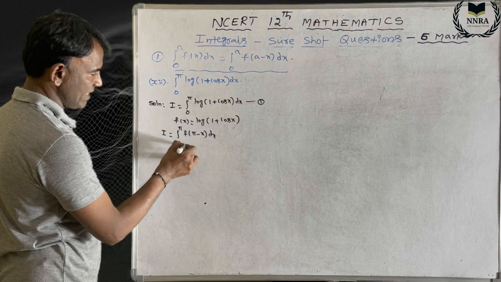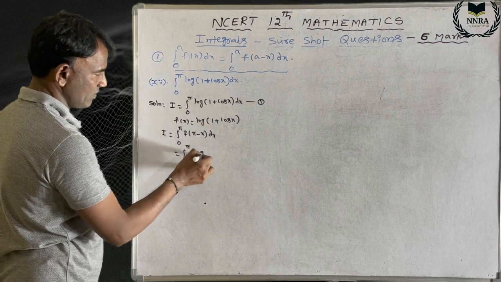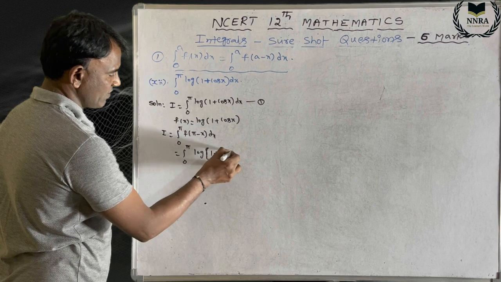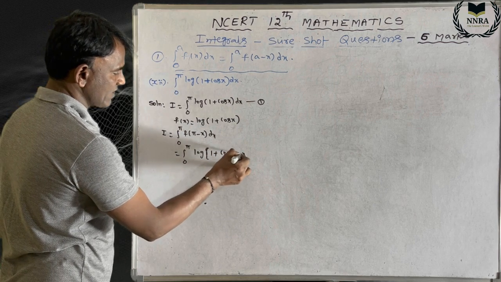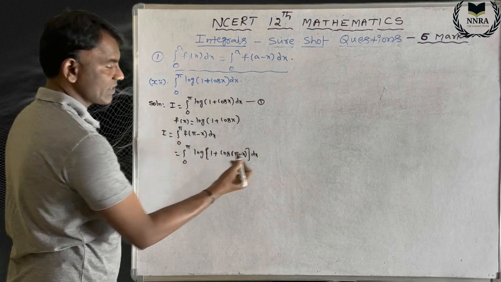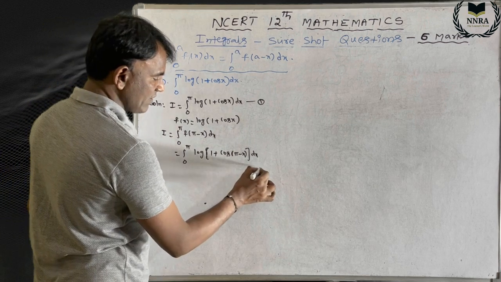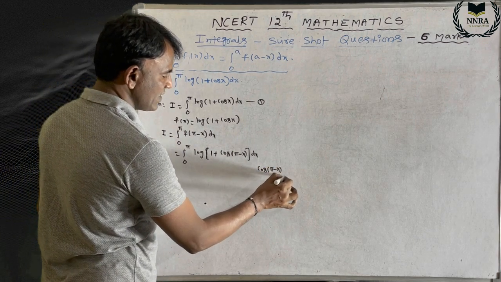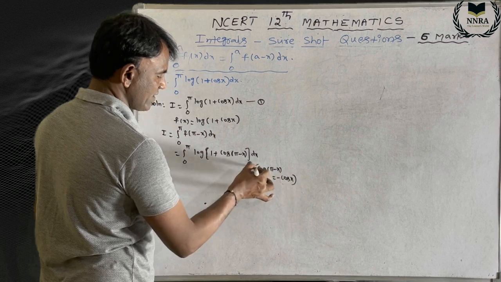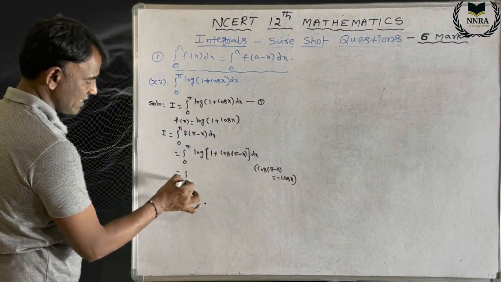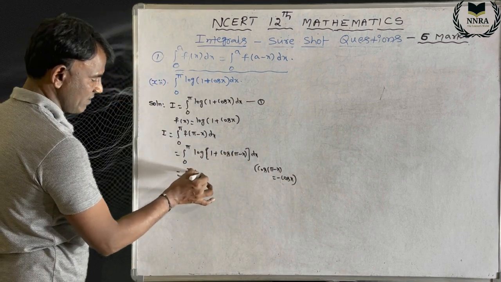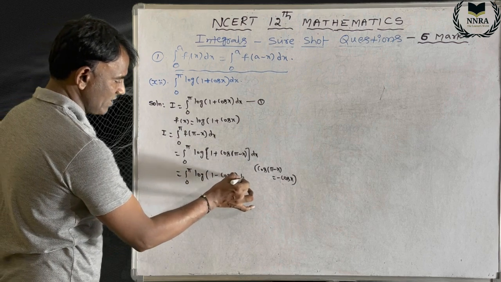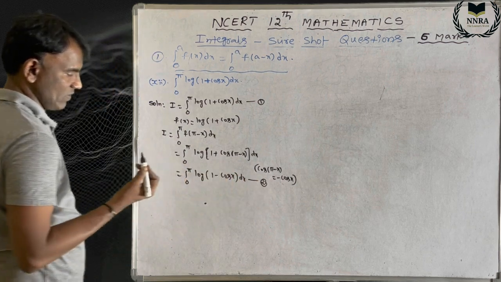Integral 0 to pi log of 1 plus cos of pi minus x into dx. But what is the value of cos of pi minus x? This can be written as minus cos x. So how to write it? Integral 0 to pi log of 1 minus cos x into dx, equation number 2.